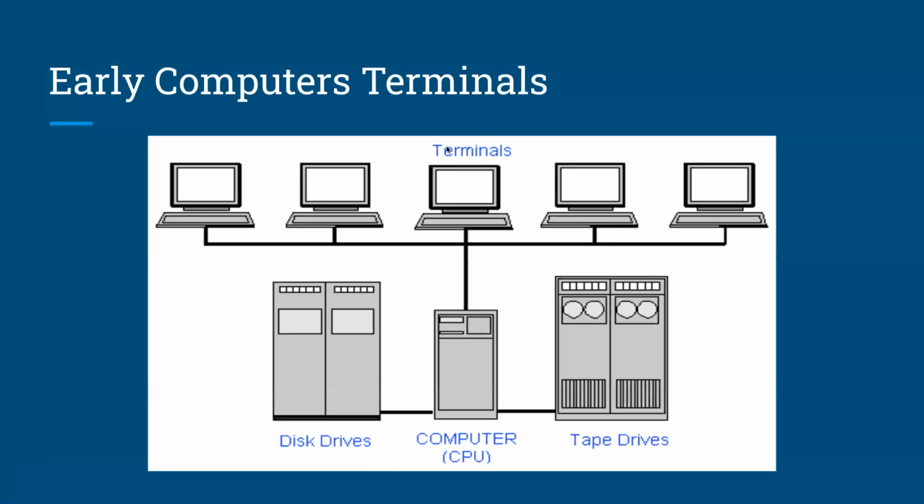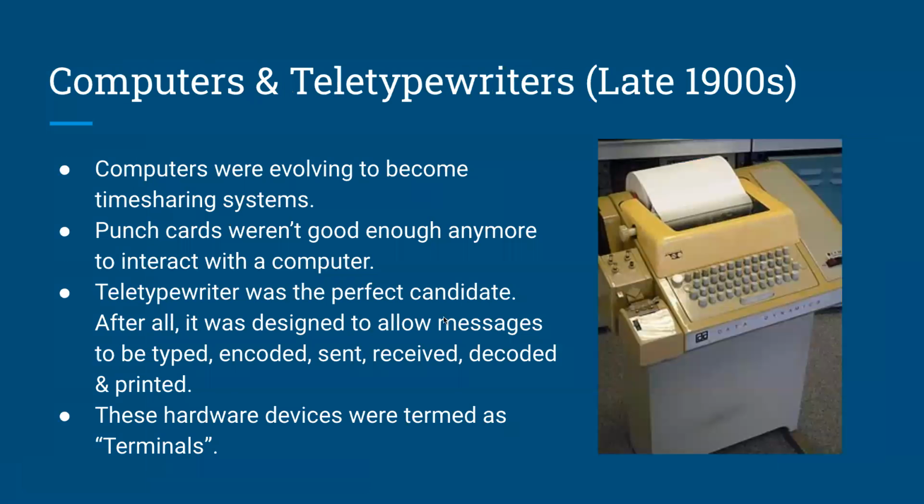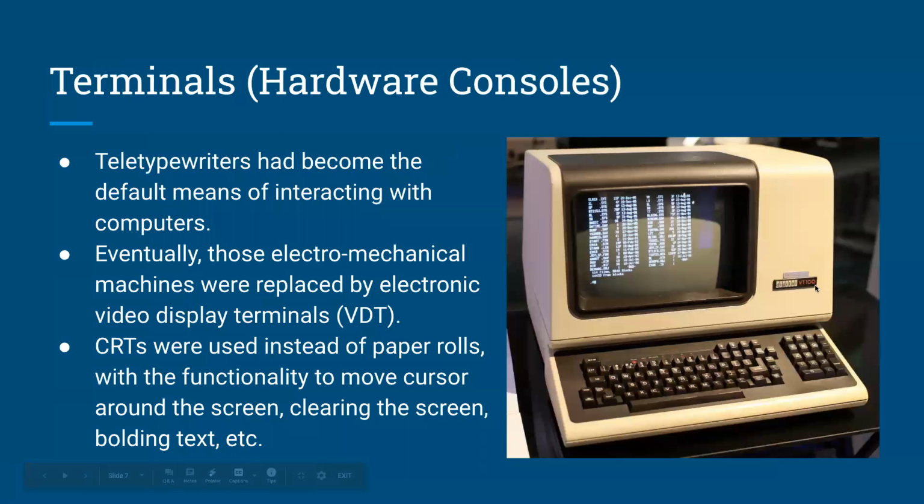When these were replaced, these were more compact and much more modern systems, where the paper rolls were replaced with CRT tubes, with some basic functionality like moving the cursor around, clearing the screen, bolding the text, etc. These were electromechanical, and these became electronic.